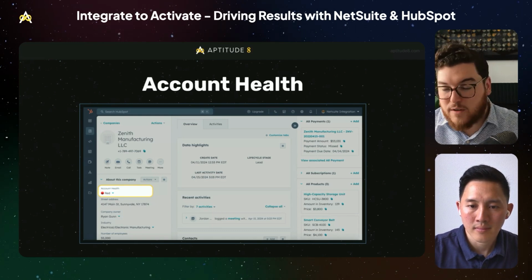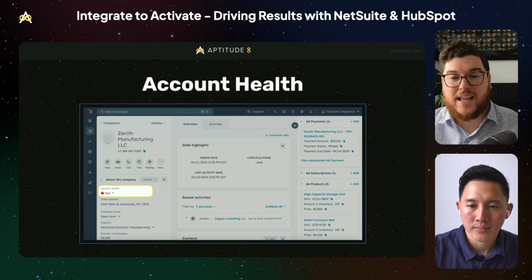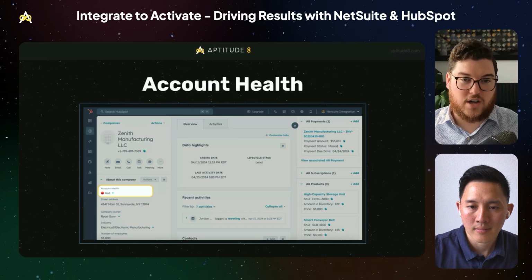You can have the most simple version of this, just giving you an account health on what total amount that has been invoiced to this customer is overdue, past payments, or anything else. But you can really make this score a composite between ERP-level data that might include their financial relationship or anything else you're tracking and managing on the ERP side.